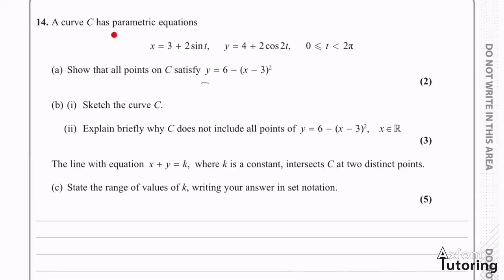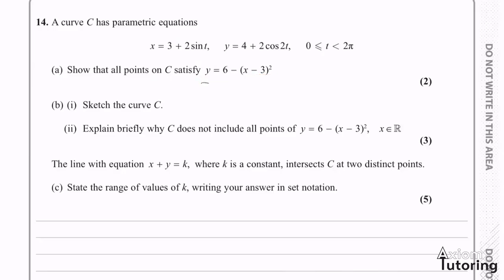So we have a curve that has these parametric equations. And for part A, we want to show that all the points on C, which is defined by these expressions for x and y in terms of sine t and cos 2t, satisfy this equation we have just in terms of x and y.